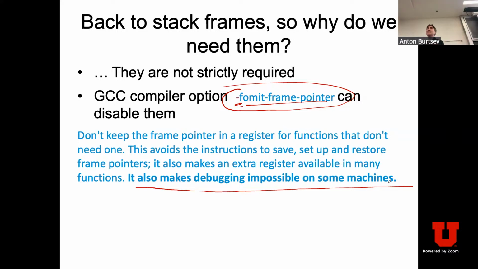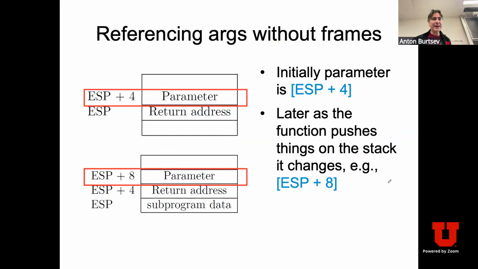So what does it mean? It means the following. As I was maybe mentioning last time, imagine this is your stack, and imagine you pass some argument to a function. It's right above the return address. Stack grows this way. Initially, this parameter can be accessed as ESP plus 4, because ESP points here, so ESP plus 4 is the argument.